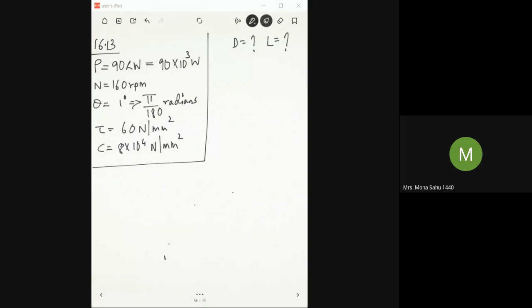Okay, so the same procedure. Let's calculate D first. So how do you calculate D? I will not solve the whole thing. P equals 2 pi NT by 60. So you can substitute P, and T is going to be 537,148 Newton meters. You can solve later and check whether you're getting the same answer.